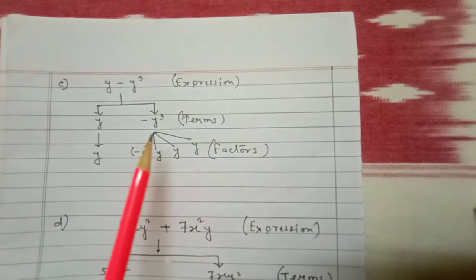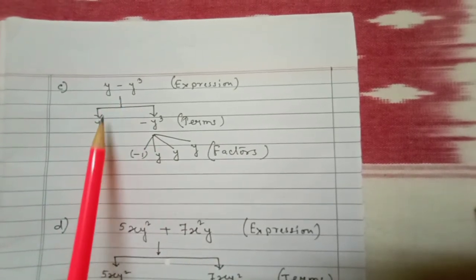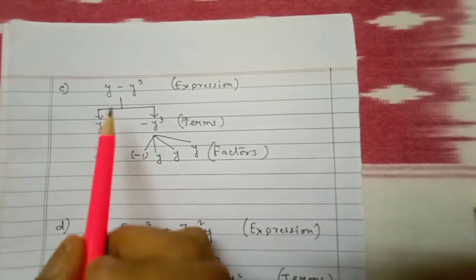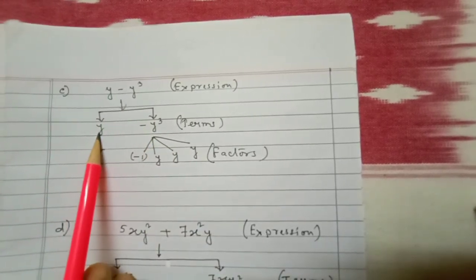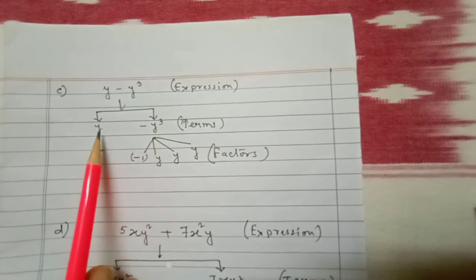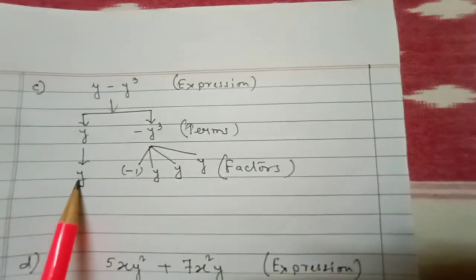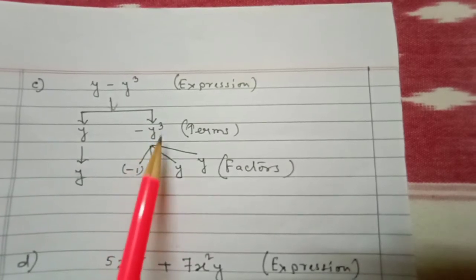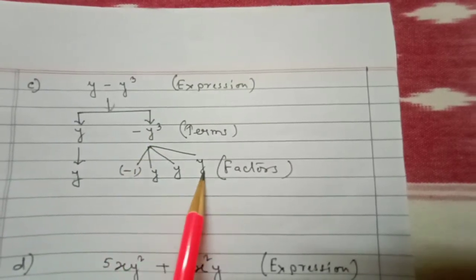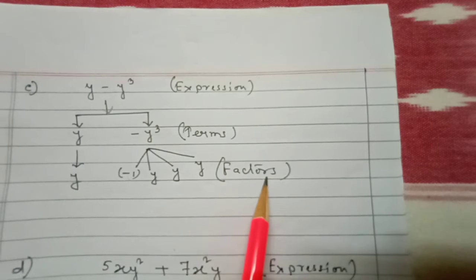Is it clear? These are the two terms. So I have made the first branch of the tree y and minus y cube. After that, this is y only, that is a factor, and next are -1 and 3 times y, y into y into y. These are the factors.